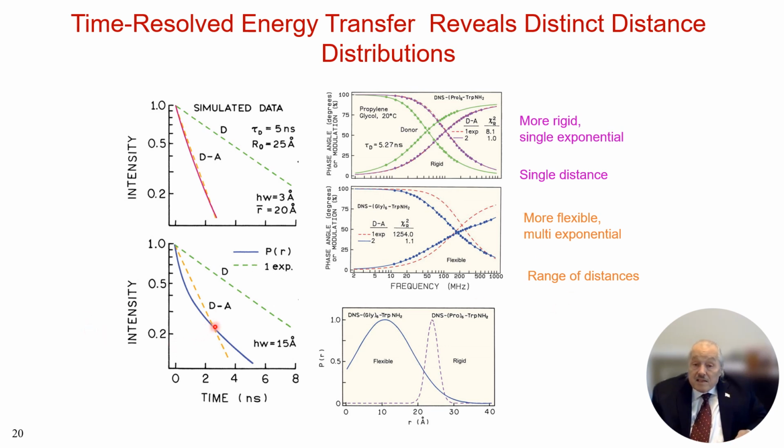In the other case, for the hexaglycine, it's more flexible. We could not fit it with the rigid model. We had to use the flexible model. And when we use the flexible model, we can recover a wide distribution for the hexaglycine linked donor acceptor pair. So that's another nice biochemical result.